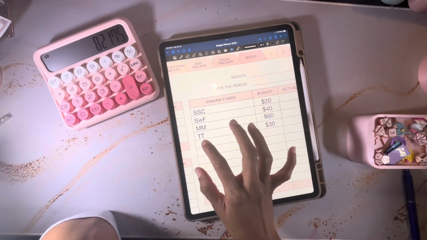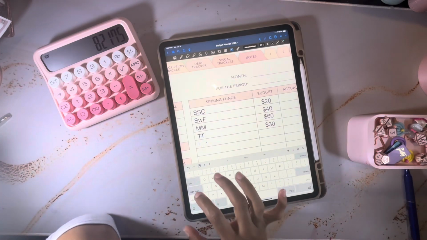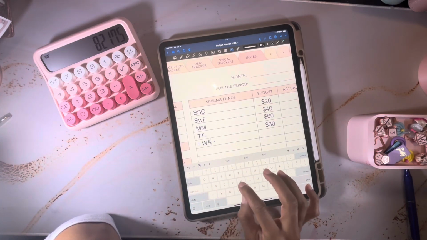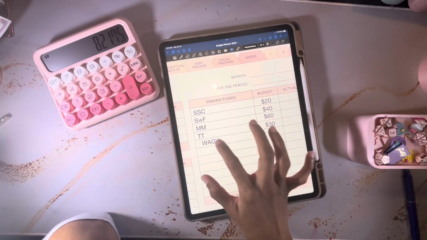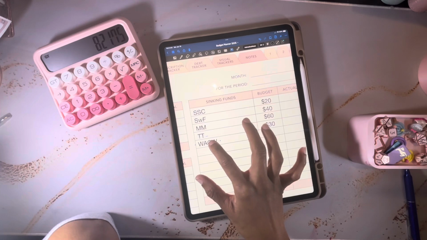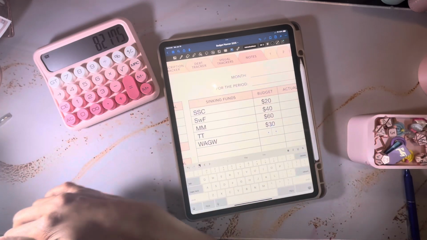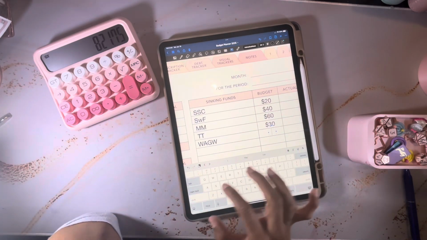Okay. And then next up will be what I'm calling, we'll just leave the acronym there because I haven't started doing this yet, but I'll get there. So this one is going to get, I think I'm giving it $30 this time around for now.